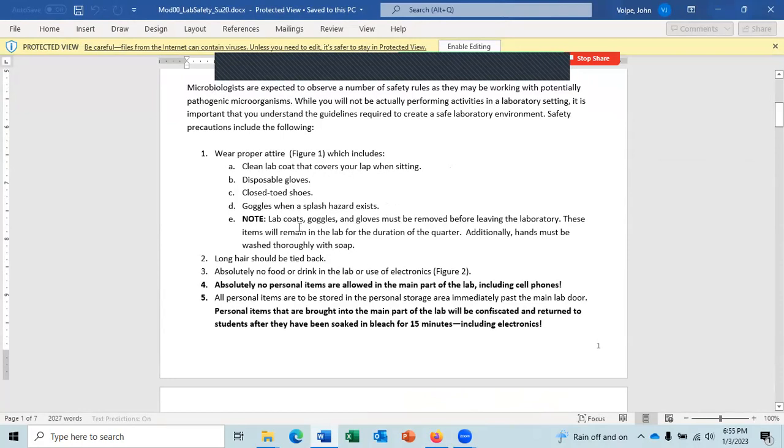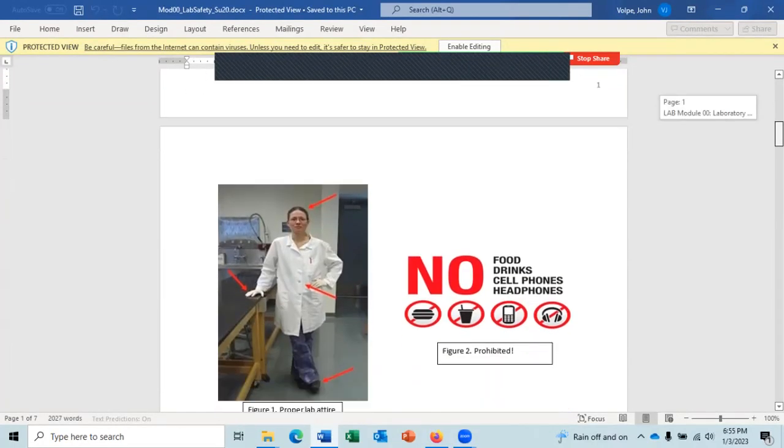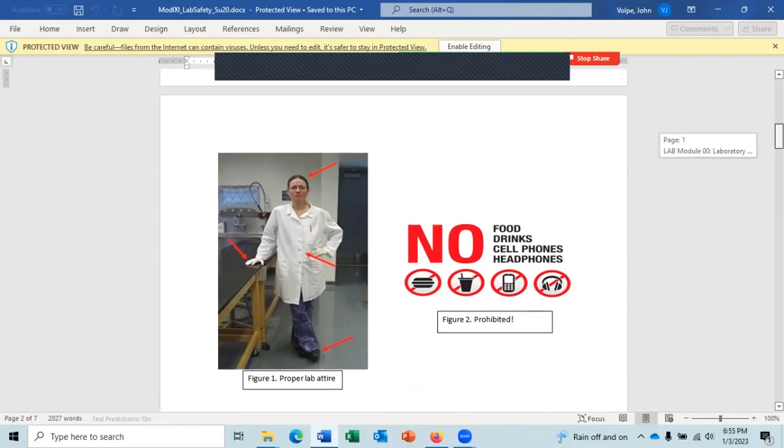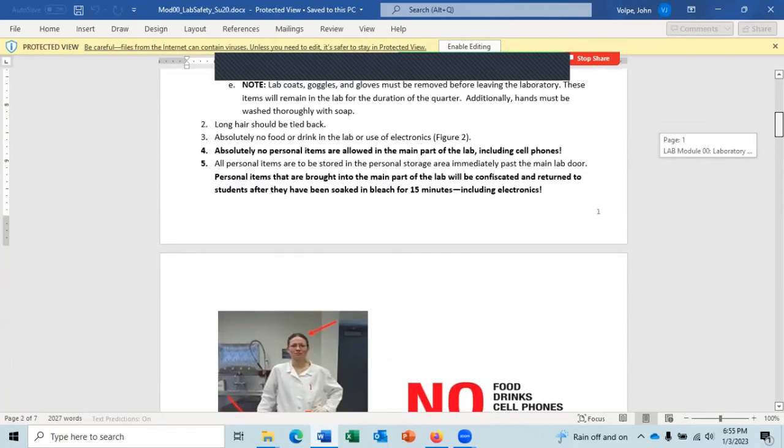The goggles are supplied by us. So are the gloves. And generally the lab coats. The closed-toed shoes have to be supplied by you. I think that's trying to show that the hair is tied back, the arrow there.